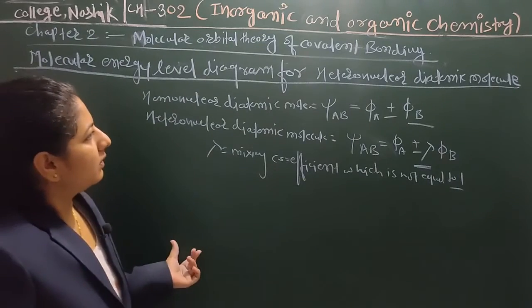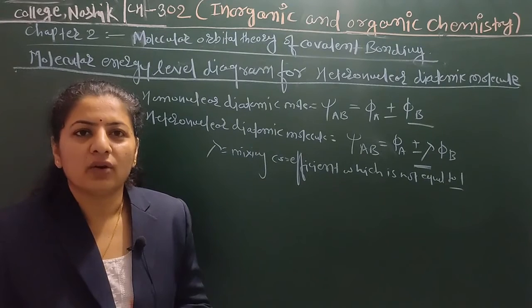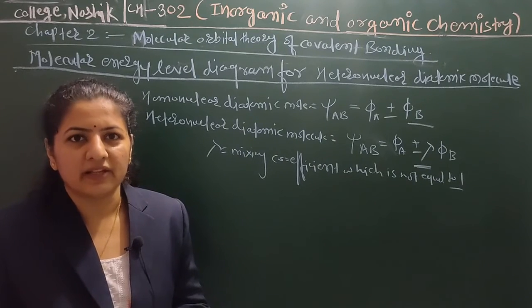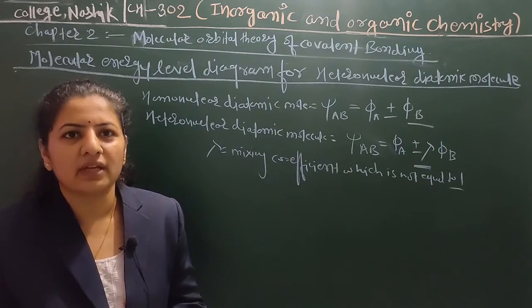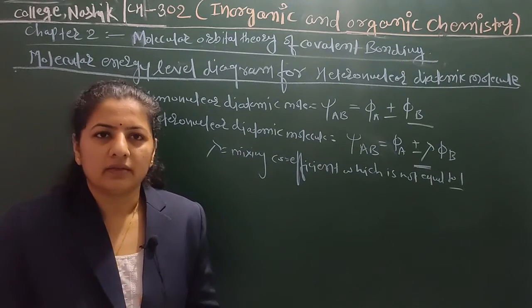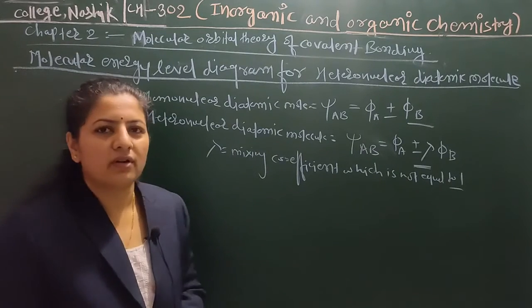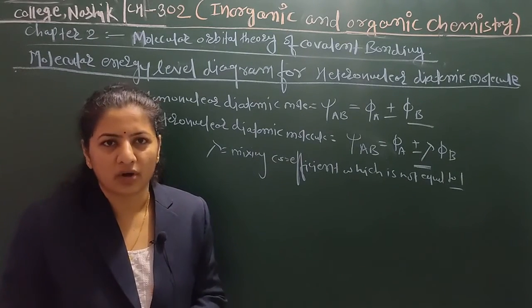For the combining atoms there are some conditions: the atomic orbitals overlap to a similar extent, meaning they have equal energy, and there is maximum overlap between the atomic orbitals. So these are all the criteria for combining orbitals.